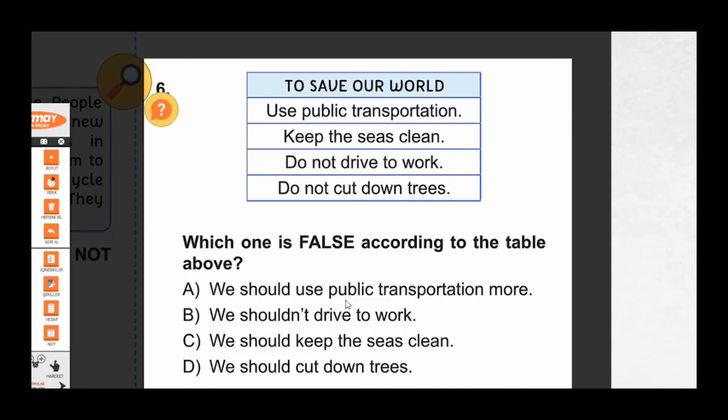Okay, we should use public transportation more, or we shouldn't drive to work, or we should keep the seas clean, or we should cut down trees. Which one is false? It's D. We should cut down trees. It's false.